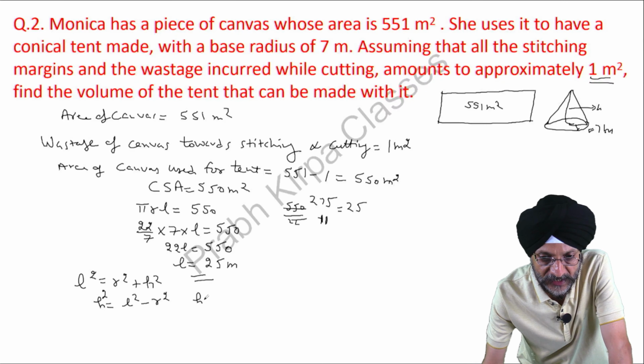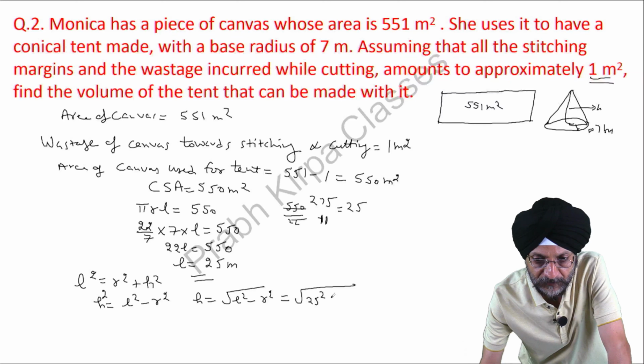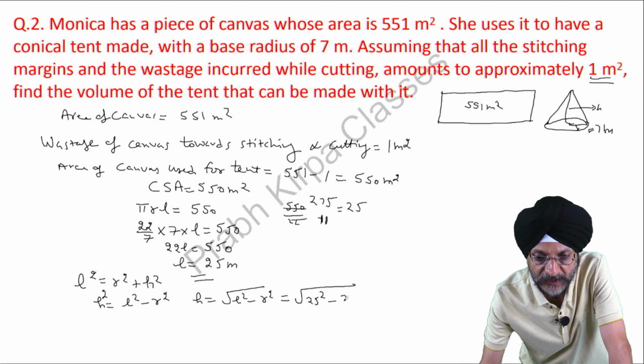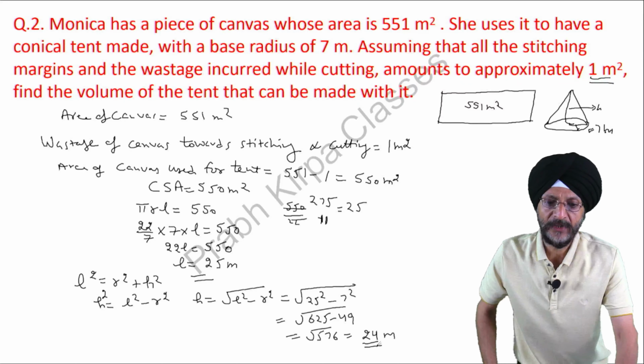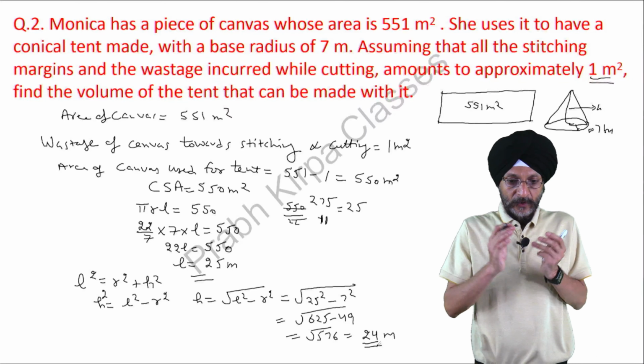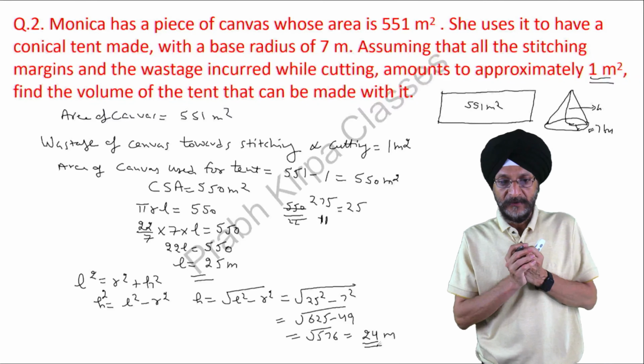Then what is the value of H? It becomes L square minus R square. We will fill in the relevant values. Value of L is 25. What is the value of R? It is 7. So we have found out the value of height. It is 24 meter.